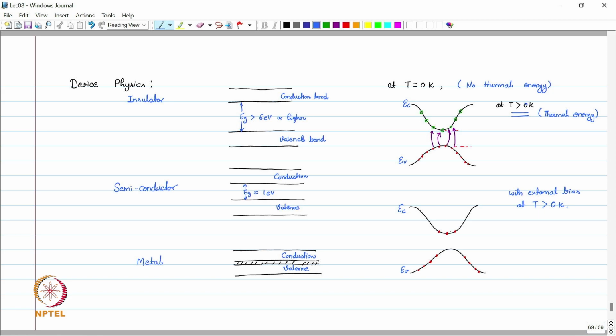When we apply the electric field, these electrons will see a potential difference or electric field in, let's say, the x direction, and they will move in a particular direction. For example, these electrons will see a drift because of this electric field. So this shape is not symmetrical now. Some of the electrons will be towards the left because of the external bias we apply.